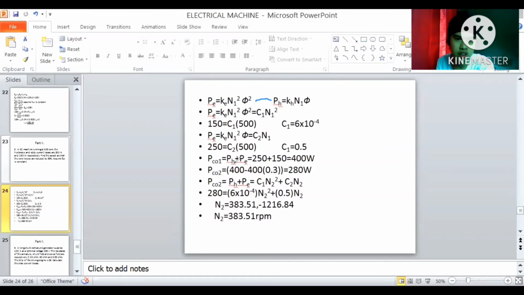So PCO1 equals PH plus PE equals 250 plus 150 equals 400 watts. So PCO2 equals 400 minus 400 times 0.3 equals 280.